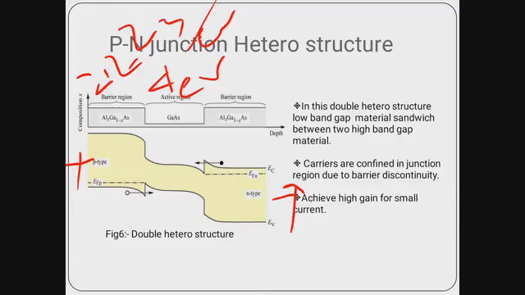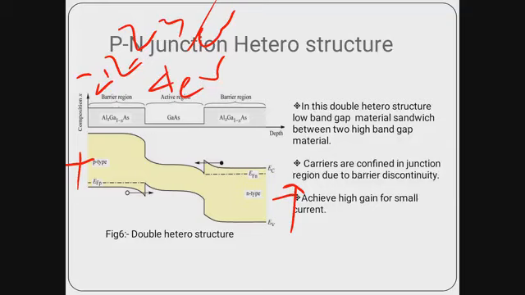So now after forward bias, when the conduction band of the n-type material goes up, the electrons are poured into the lightly doped region. Suppose this is lightly doped gallium arsenide p-type material. So these electrons are pouring into the lightly doped p-type material like water from higher to lower potential.